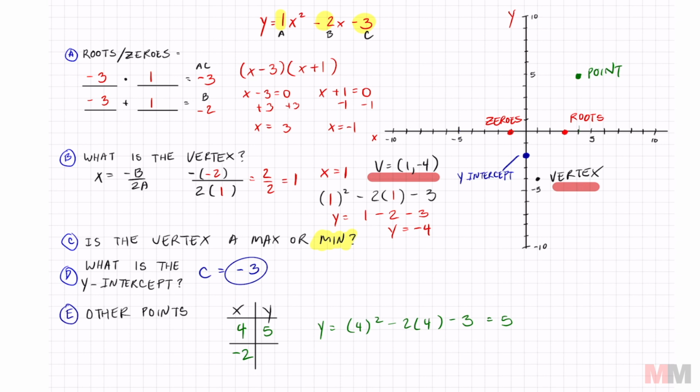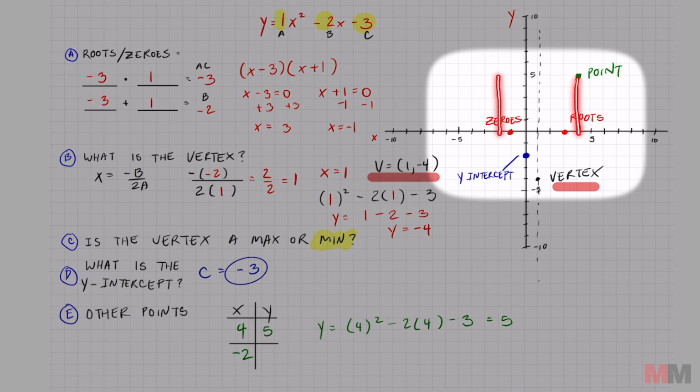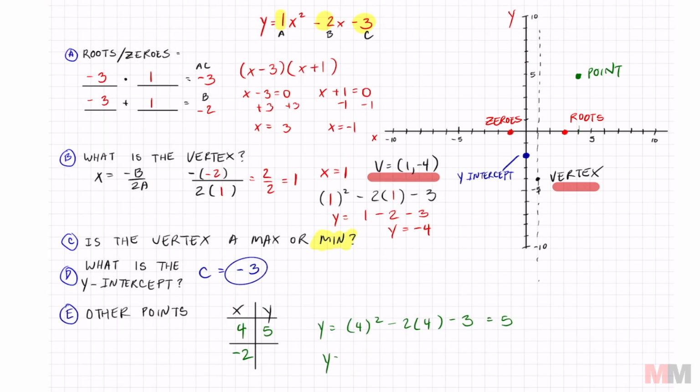And you know it's a parabola, right? And I forgot to mention that your vertex is kind of like a mirror. They call this an axis of symmetry. So if I mirror the other point, then that should be 5 as well. That's why I picked -2. Let's plug it in anyways. Y equals parentheses squared minus 2 times parentheses minus 3, -2 in the parentheses.